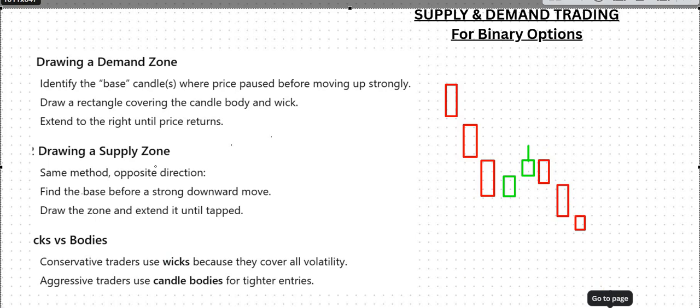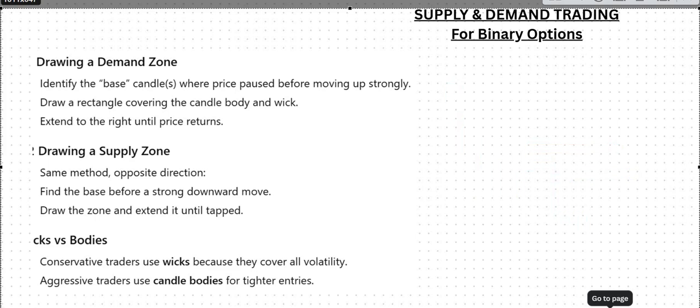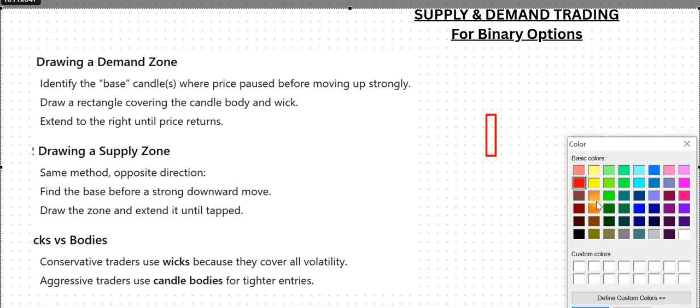Now when you get this, you draw your zone. How do you draw it? Like this and like this. Or looking at this conservative way, you can also draw it. For instance, you have this, and you have this.